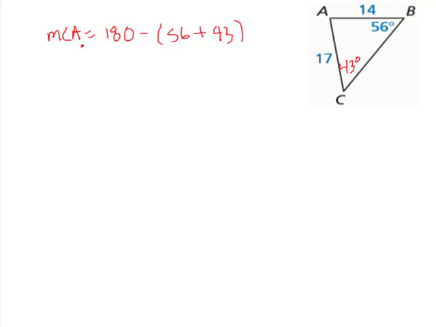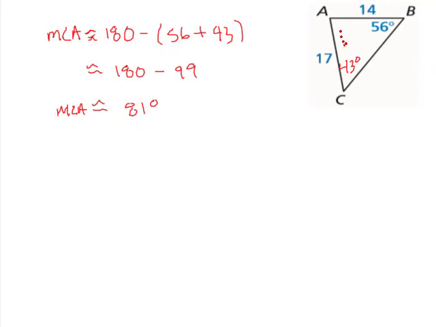So approximately, because we're rounding, 180 minus, that should be 99. And then the measure of angle A is approximately 81 degrees.